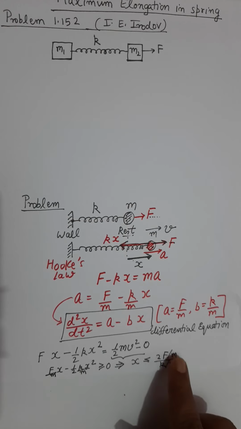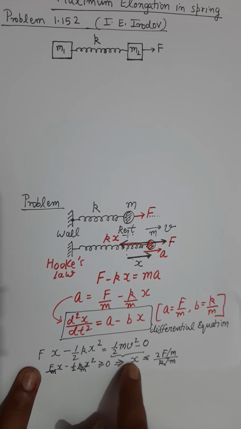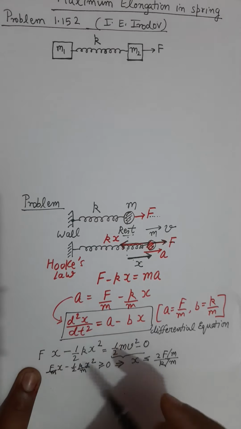Now I will connect this solution to the differential equation, according to which the maximum value of x, for such kind of differential equations, if you have a differential equation in this format, now you can use this result for next questions.